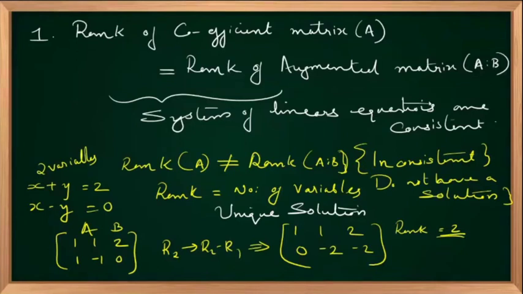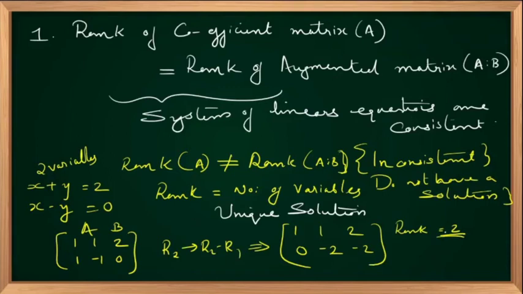To check that, you need to check the value of the rank. We can evaluate the rank using echelon form. If the first condition is satisfied, that is, rank of coefficient matrix equal to rank of augmented matrix, then we can conclude that the system of linear equations is consistent. But we still don't know whether it has only one solution or more than one solution.